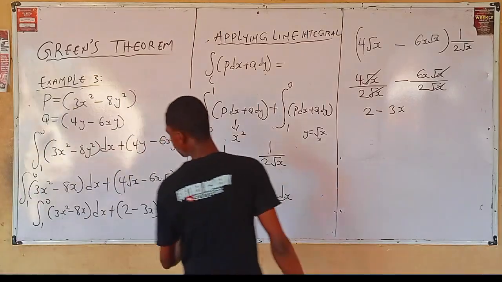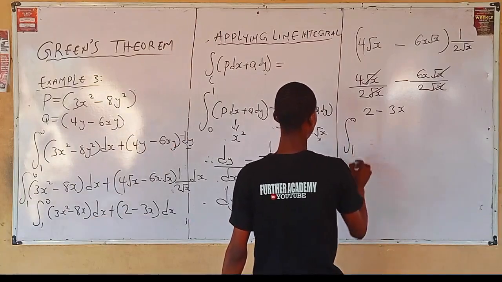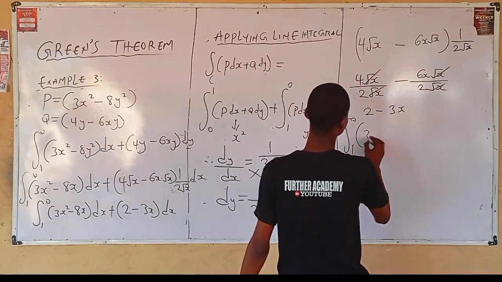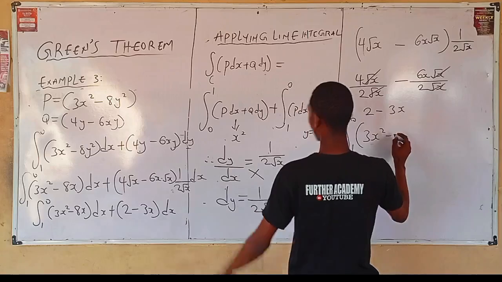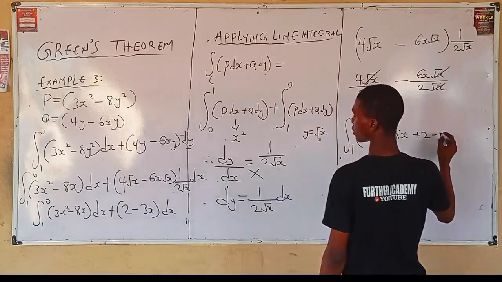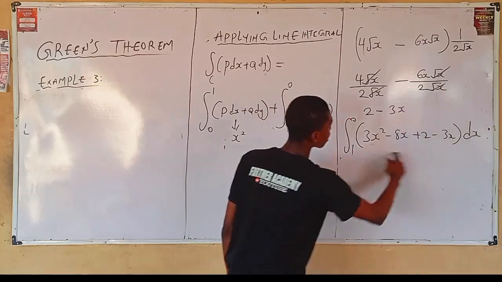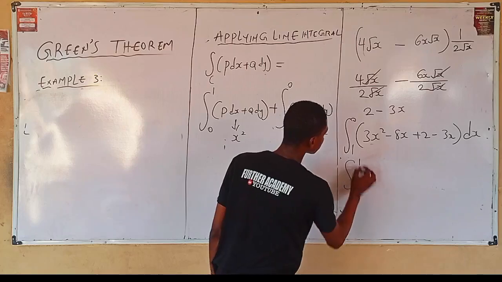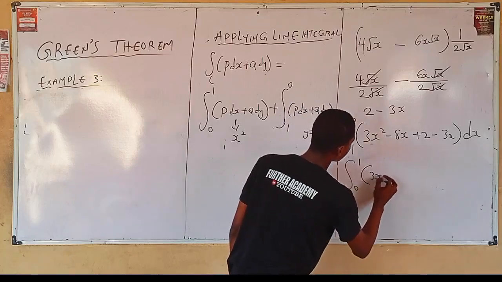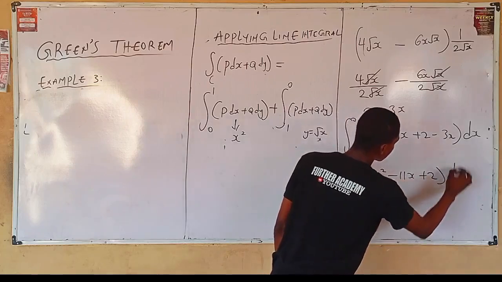Alright, open this, group this together, meaning you have integral 0 to 1, all into bracket 3x squared minus 8x plus 2 minus 3x dx. Grouping this, you have integral 0 to 1, all into bracket 3x squared minus 11x plus 2 dx.